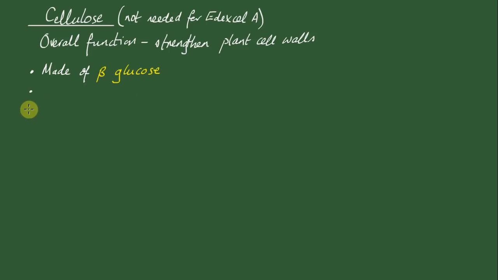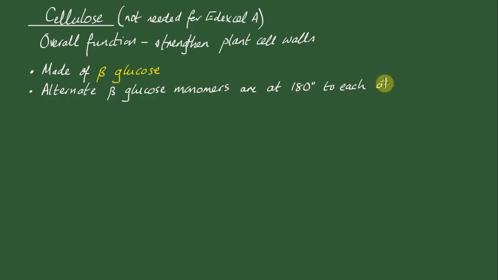And that's because it is made up of beta-glucose. And as I'm about to show you, alternate beta-glucose monomers are at 180 degrees to each other in the polymer of cellulose.